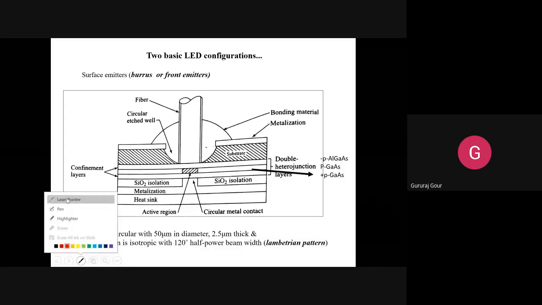So, by looking at the discussions, it is clear that the main key point for the operation of these LEDs is the active region. So that is a main focusing point here.